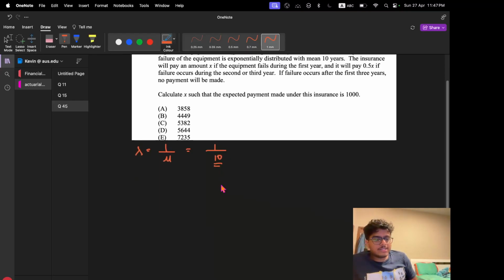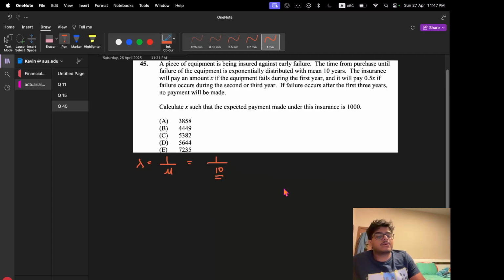Okay? And what's the probability of x happening? Like, what is a PDF? I guess PDF. Sorry, I'm not sure. If you guys know, just let me know in the comments.